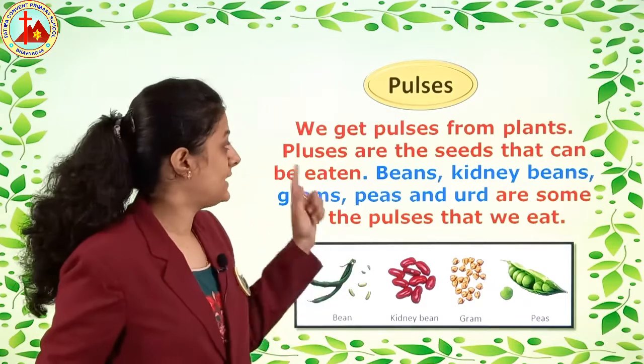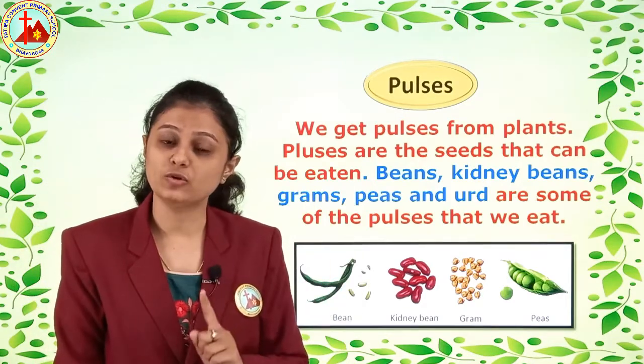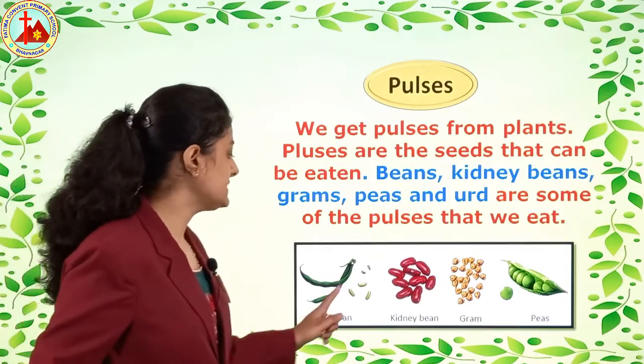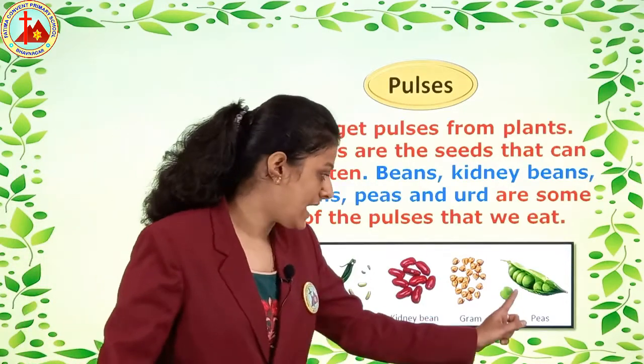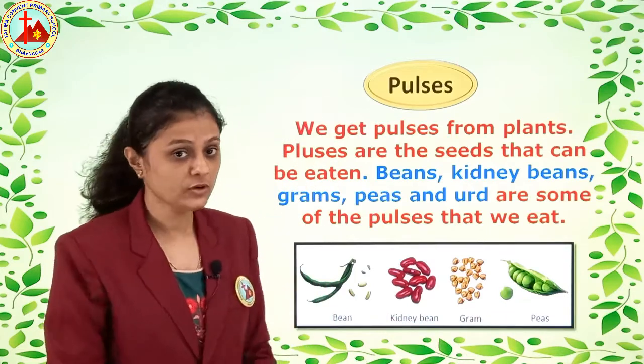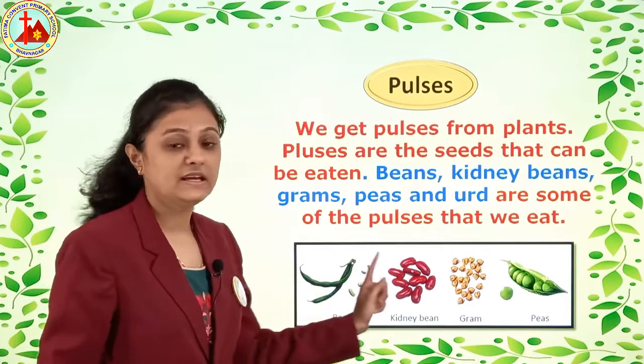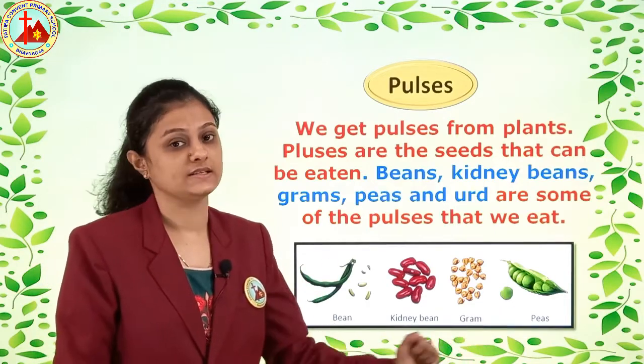Okay, pulses are seeds that we cook and eat as they are. Yes, you see beans, kidney beans, gram and peas. Okay, these are the seeds. These we can eat as pulses.